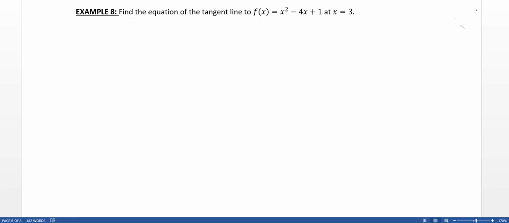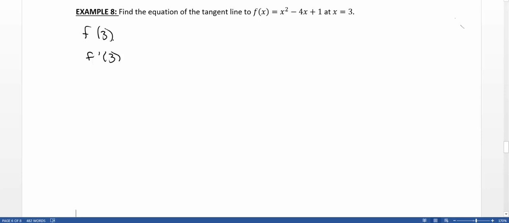The other thing that you need to get the equation of a line, if you have a slope, is a point that's on that line. Well, the point at x equals 3 is the one point that's shared by both the tangent line and the function. So we need two things to put together the equation of the tangent line. We need f of 3 and we need f prime of 3.